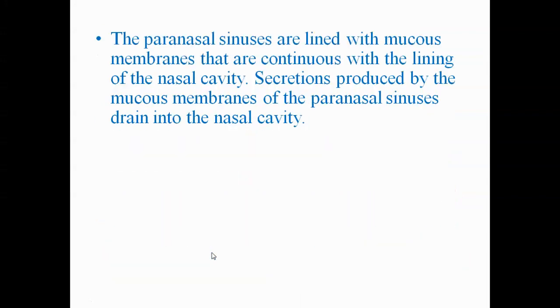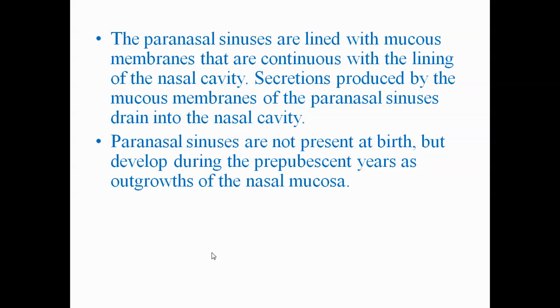What are the paranasal sinuses? They are lined with a mucous membrane and are continuous with the lining of the nasal cavity. The mucus secretions produced by the mucous membrane of the paranasal sinuses drain into the nasal cavity. Paranasal sinuses are not present at birth, but they develop in the prepubescent years as outgrowths of the nasal mucosa and stop at puberty.